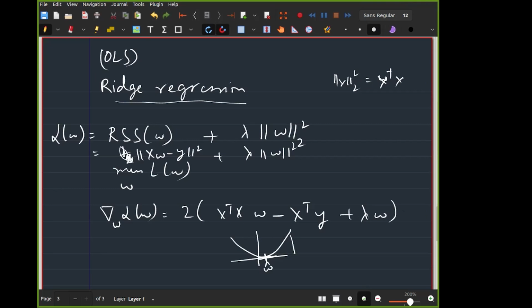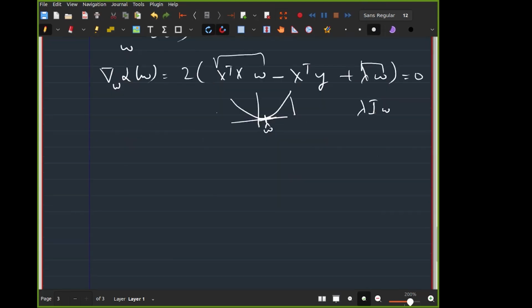Again, there's also a closed form solution because you can equate this to zero and do the same stuff we did before. There will be a small change because you have this lambda times I times W. So if you take W common for the first and third term, I'll not do it all for you, but just roughly telling you what to do. So you have X transpose X plus lambda times I, times W, minus X transpose Y, right?